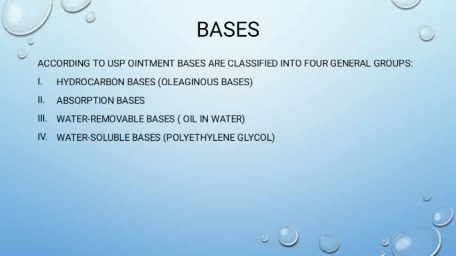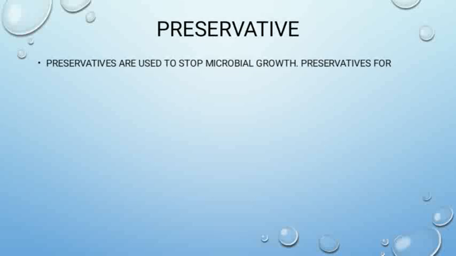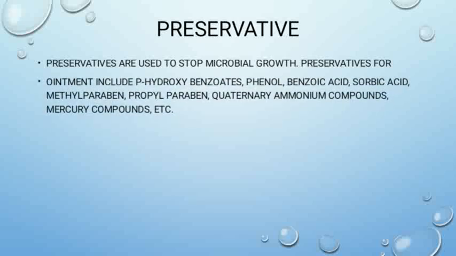Okay. Then the next is preservatives. So students, preservatives are used to stop microbial growth. These preservatives prevent and inhibit the growth of microorganisms in the preparation, right? See here, ointment includes para hydroxybenzoids, phenol, benzoic acid, sorbic acid, methylparaben, propylparaben, then quaternary ammonium compounds, mercury compounds, etc. as preservatives.